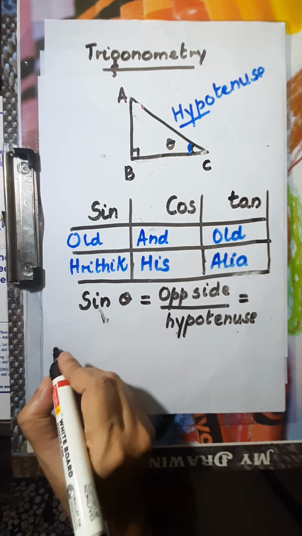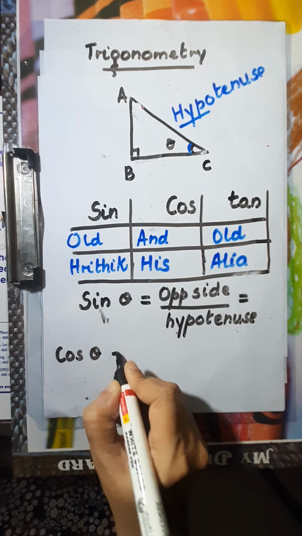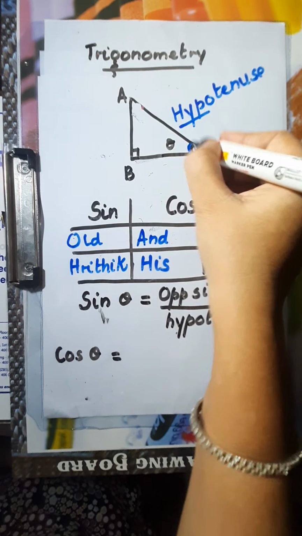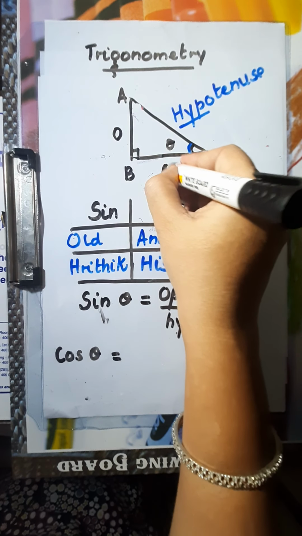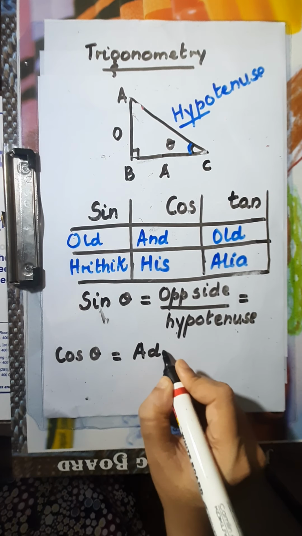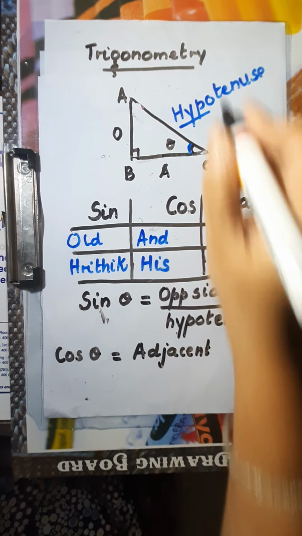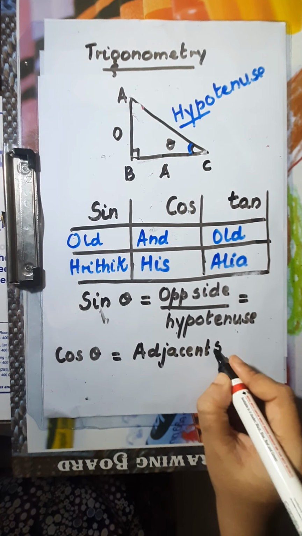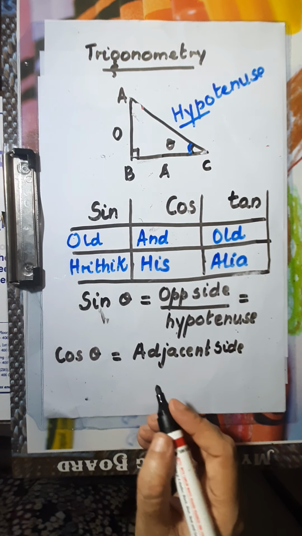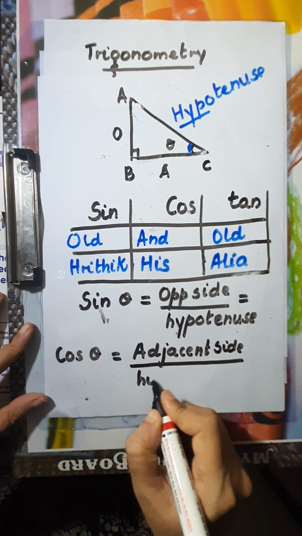When I talk about cos of the angle, suppose I talk about cos theta, look at this, A and H. What does A stand for? For this theta, this is opposite and this is adjacent. A stands for adjacent side. Adjacent means remove the hypotenuse, the side next to it, upon the hypotenuse.